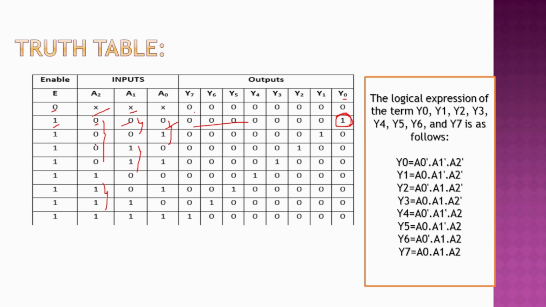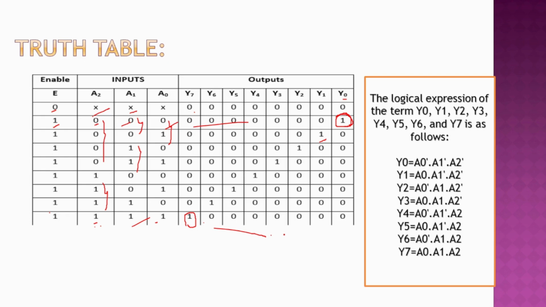Next time you will give 001 as input, you will get output in Y1, and the remaining 7 will be 0. The same procedure is followed up to the 8 values. In the last value you will give A2, A1 and A0 as 1, and the enable pin is also 1. Your output will be Y7 as high output, and the remaining 7 will be 0.